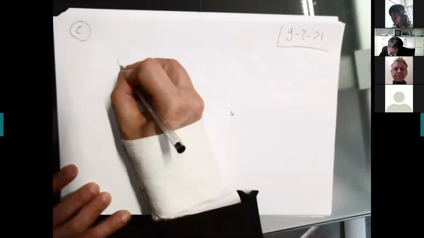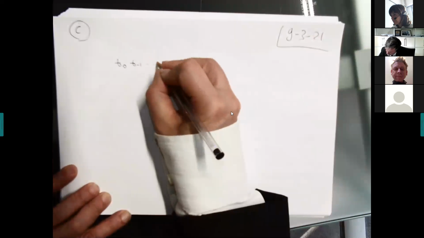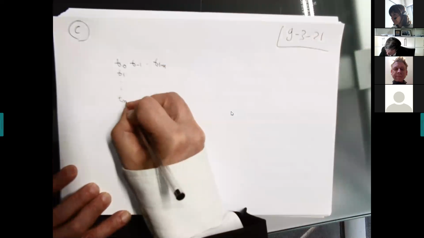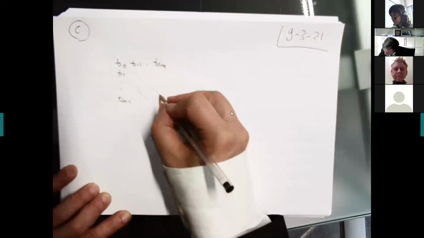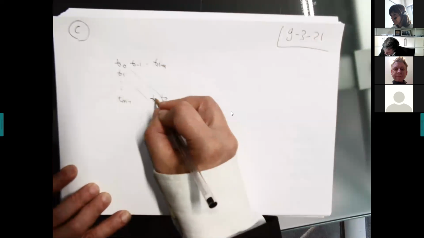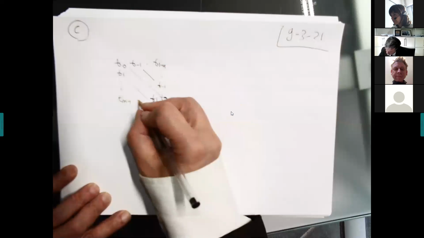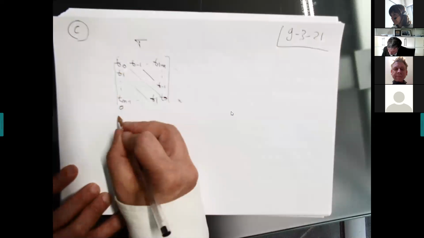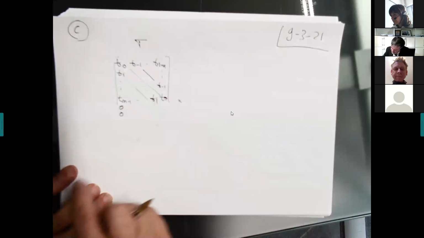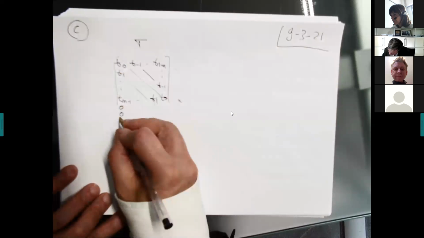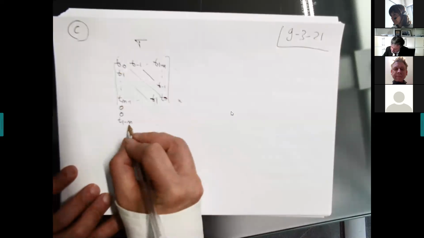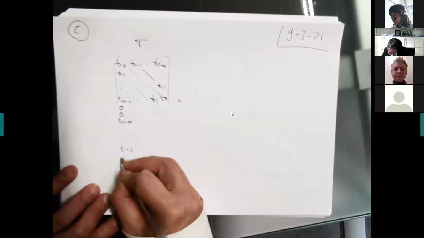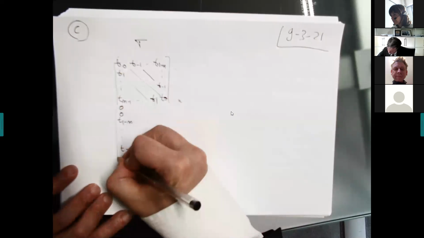So again, t0, t(-1), till t(1-n), t1, till t(n-1), t0, t1, t(n-1), and this is our T. Then here we put zeros, and then we go with t(1-n) till t(-2), t(-1).